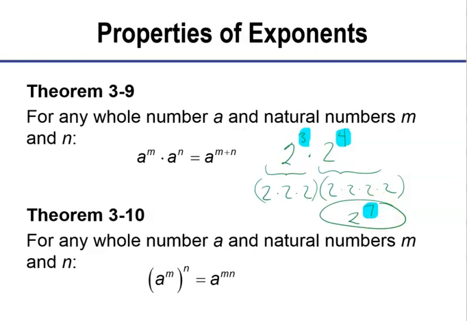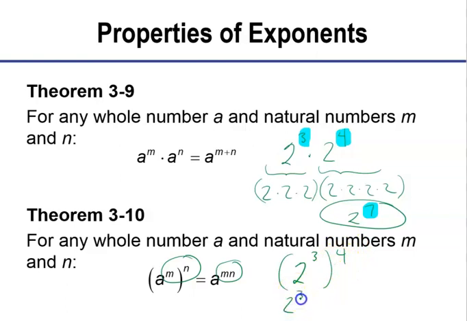Okay, ready for the next rule? So notice it says when you have a power to a power. So a to the m exponent raised to another exponent on the outside. Notice what we do, we just multiply those two exponents together, m times n. Now if you see this as an example, I think you're going to be able to hang with me. 2 to the third, let's raise that to the 4th power. Now what does that 4 on the outside mean?